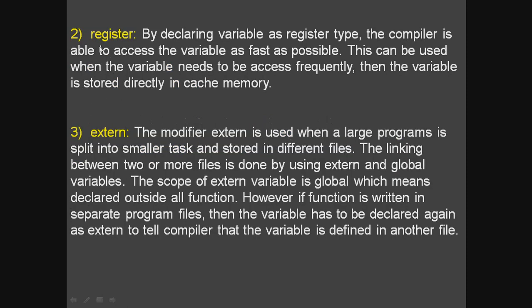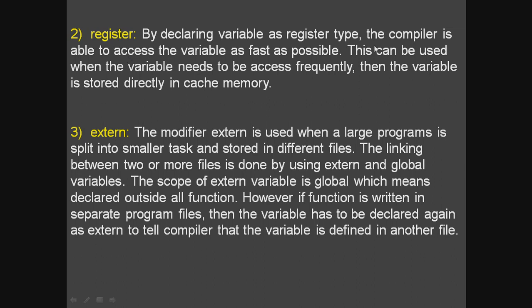Now the second one is register. By declaring a variable as register type, the compiler is able to access the variable as fast as possible. We have already seen the word register in the starting of the unit, right? So for fast access. Similarly, when we use it with a variable, we are able to access the variable values faster.